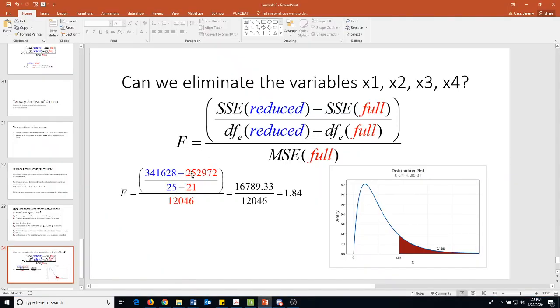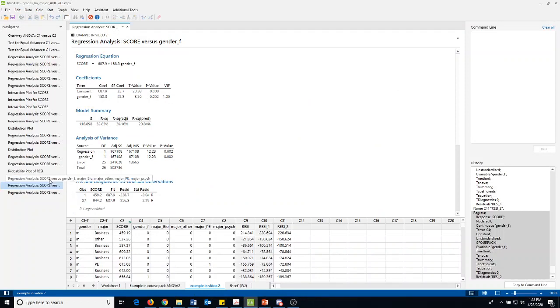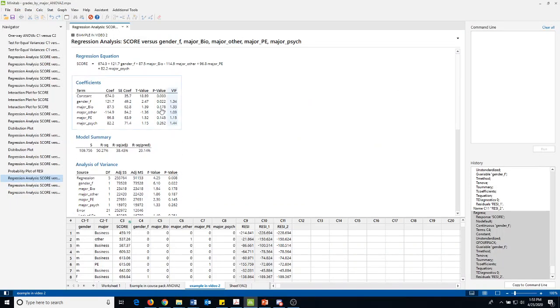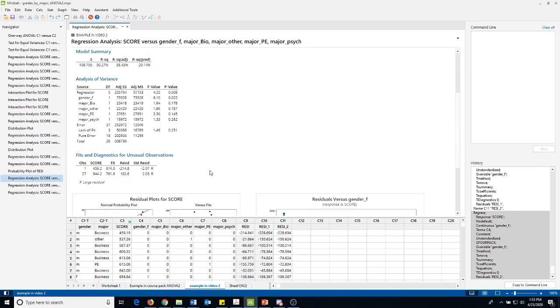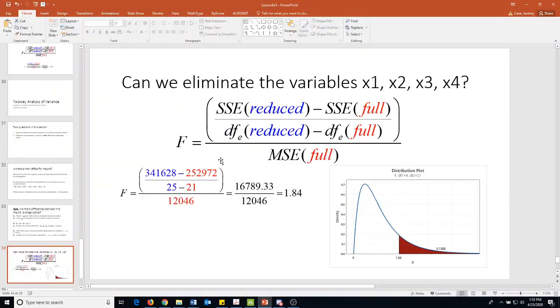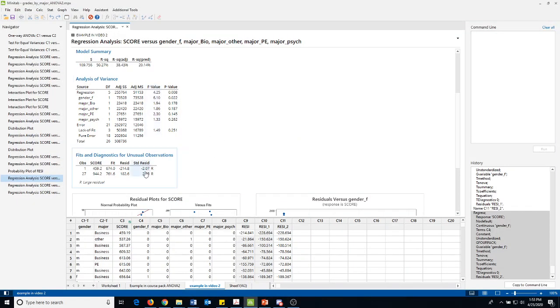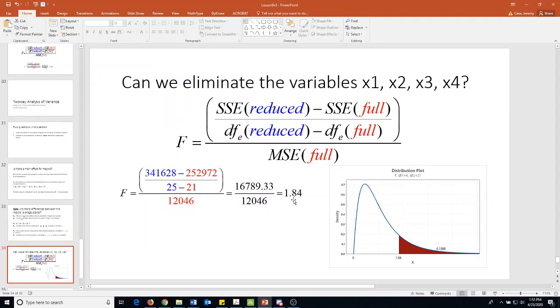That's all in the blue. And then the full would be all 5 of the predictors, and I get 2597.2 with 21 degrees of freedom, and the mean square error is 120.46 right there. And I plug that in to get 1.84.